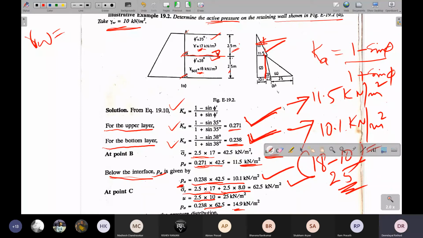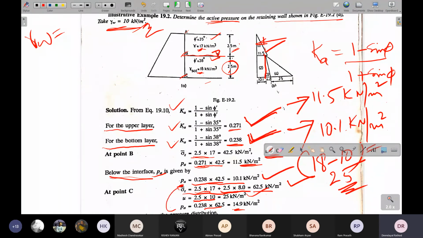Here there is no water, so 2.5 into 10, it is given as 10, 25. Then this we have to multiply, right? This is the vertical stress.